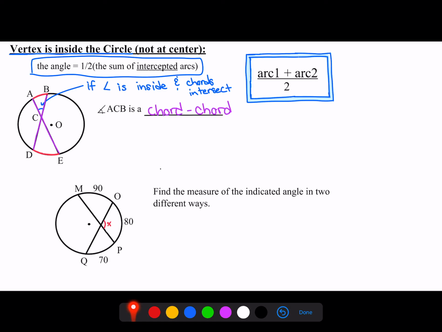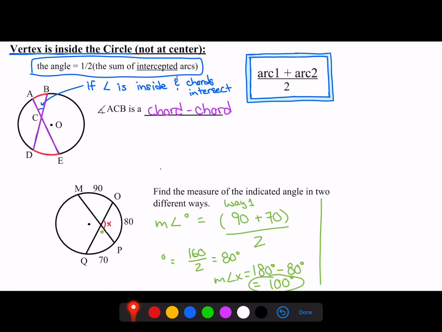So let's actually do an example of these. Find the measure of the indicated angle in two different ways. Go ahead and try this one out on your own if you'd like, and then I'm going to go through it now. Way one: I found this green angle right here.